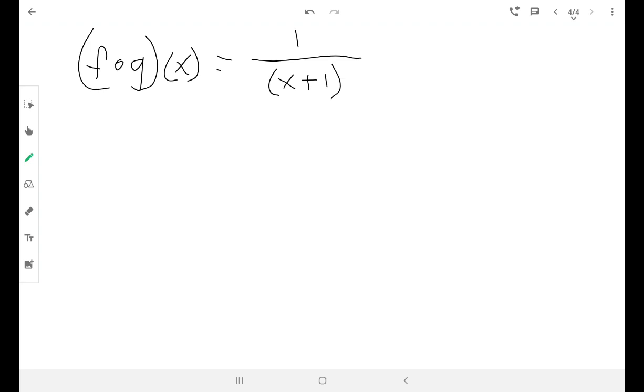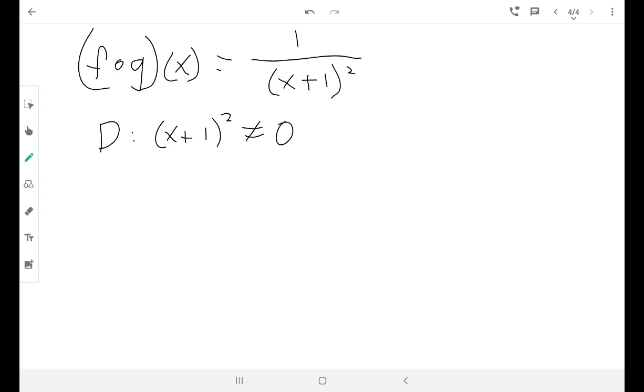So let me go to one more new board, and so now I've got the composition, okay? G composite f of x equals 1 over x plus 1 all squared, and I'm going to write it that way because for the domain, I'm going to say, okay, that bottom thing cannot equal 0.